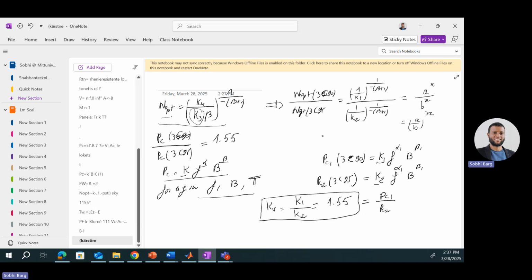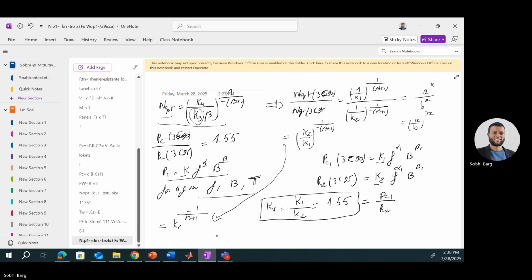What this gives you is K2 divided by K1 to the power of 1 over minus beta plus 1. This is the ratio between the optimal number of turns for both materials. Now K2 over K1, I can bring this here, so it will be equal to Kr to the power of 1 over beta plus 1.